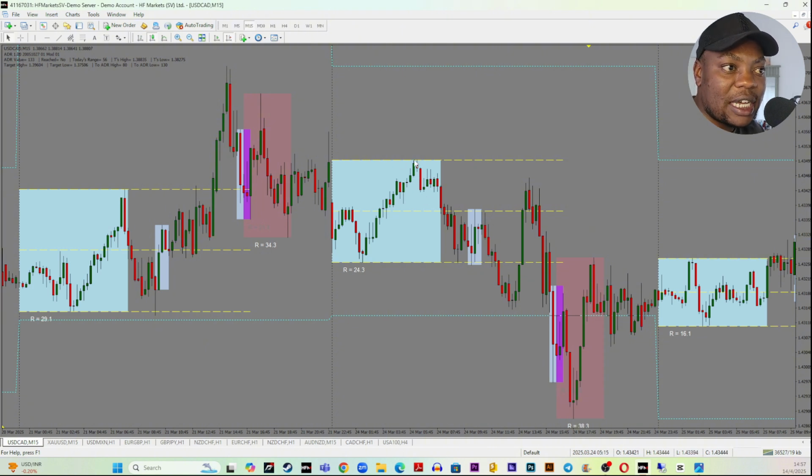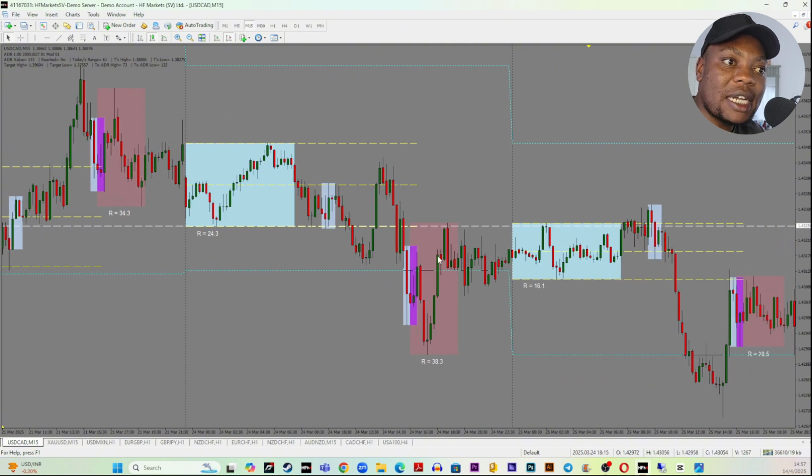In this particular case, we can see that there was this Asian session, the market pierced outside the Asian session like that, and then in the US session, we came back to the low, which is this particular point. Of course, the market consolidated for some time, but later gave us what we were expecting.